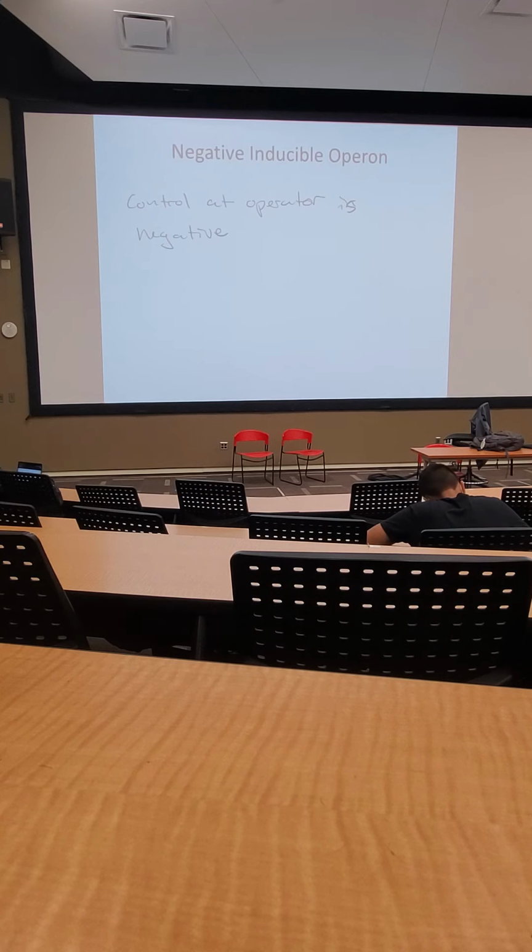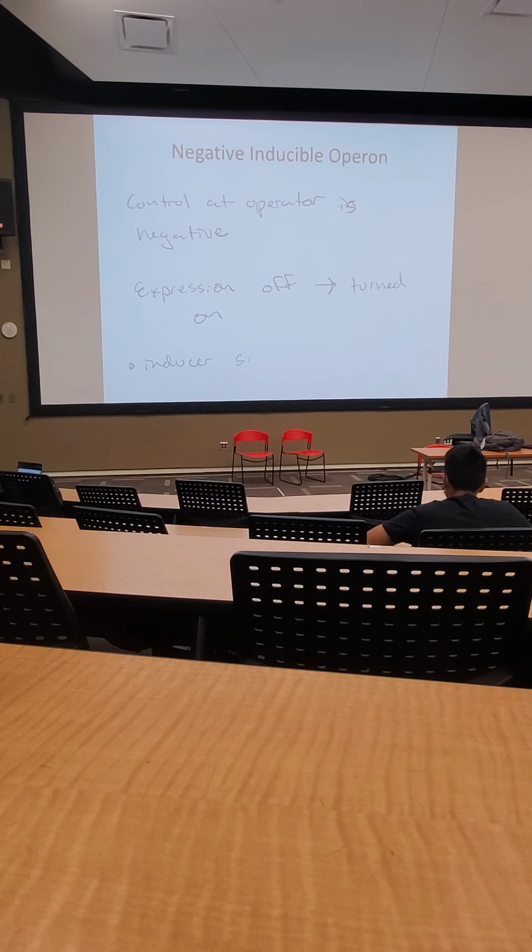So the control at the operator is negative due to that regulator gene. That control at the operator has expression off, and then it'll get turned on. So this requires an inducer.